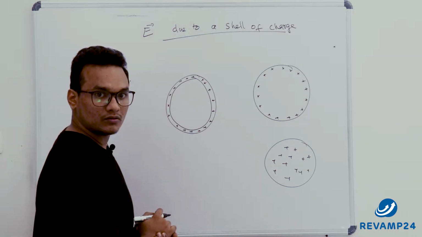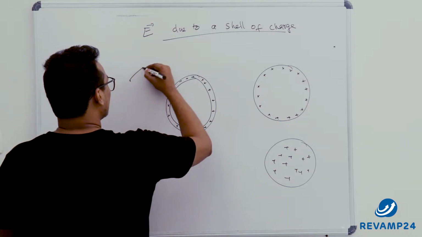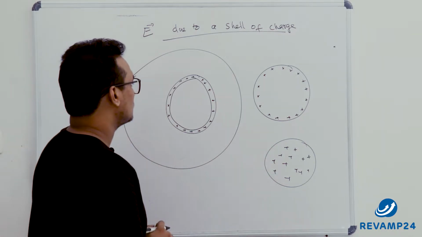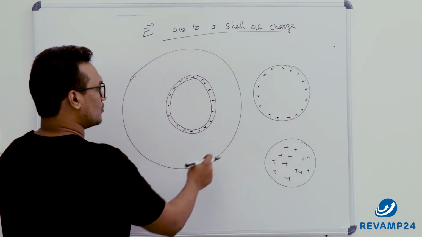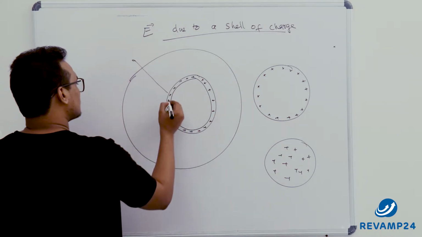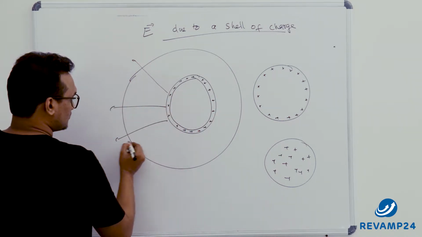What we have to do? We have to consider a Gaussian surface. So this is the Gaussian surface here. Now electric field lines are passing through the Gaussian surface.